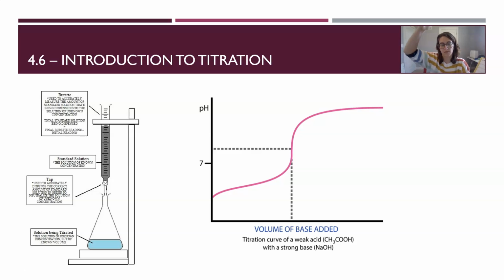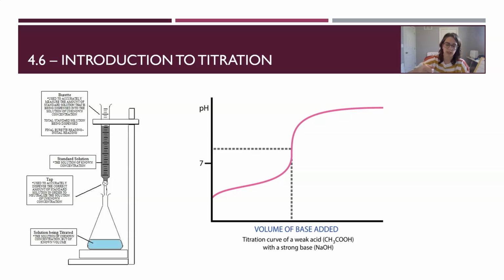But you do have to keep in mind that your amount dispensed is always going to be your final reading minus your initial reading because it's graduated backwards. There's usually some sort of knob at the bottom of the burette that allows you to control how much of the titrant, or the standard solution, gets dispensed at a time.